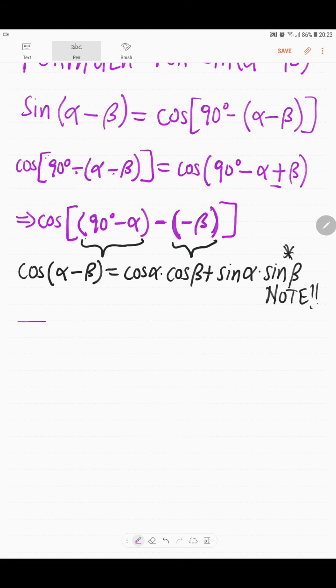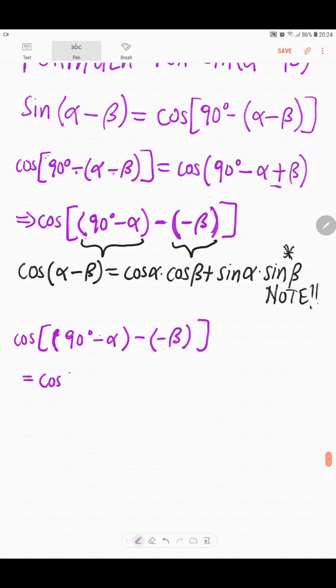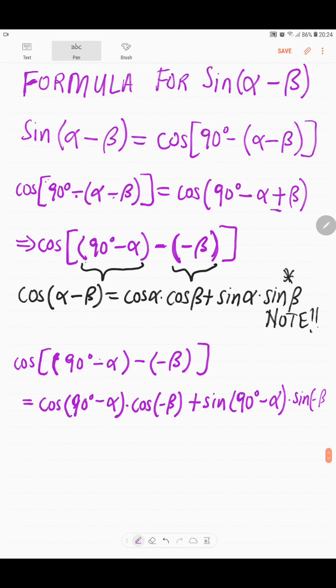So going back to this, now we have 90 minus alpha minus negative beta, which will be equal to cos of 90 minus alpha by cos of negative beta, plus sine of 90 minus alpha by sine of negative beta.